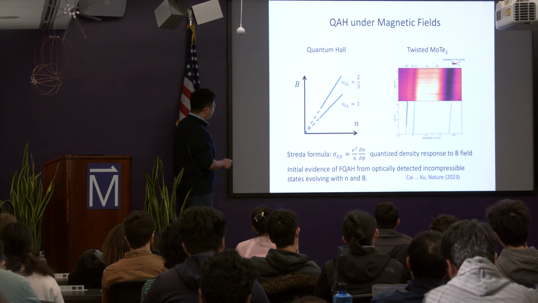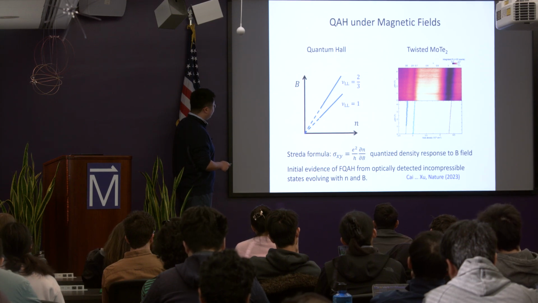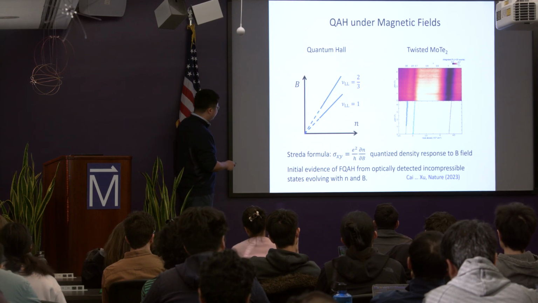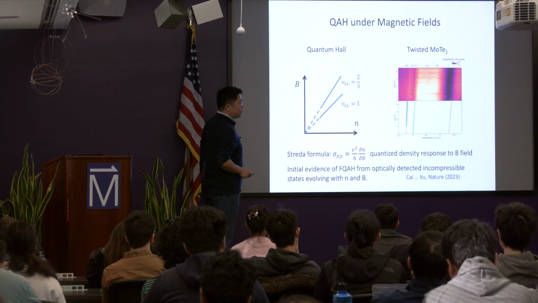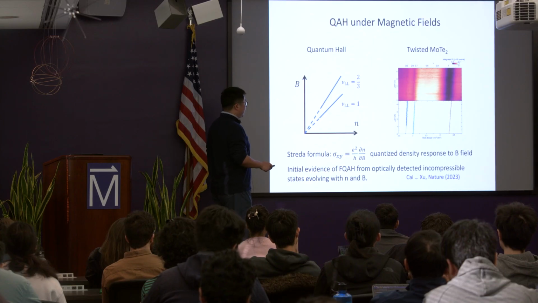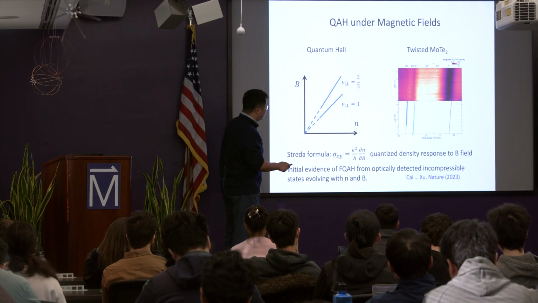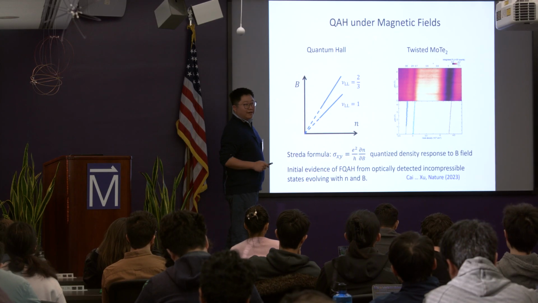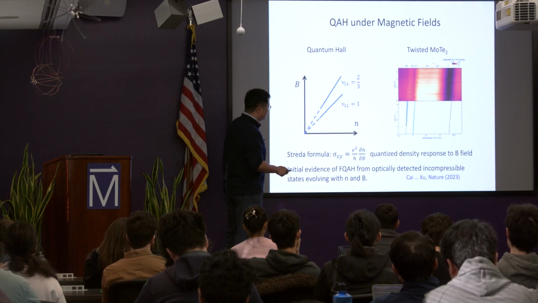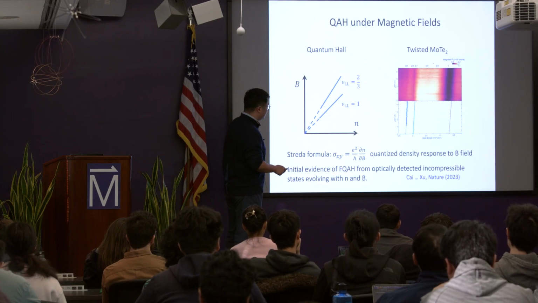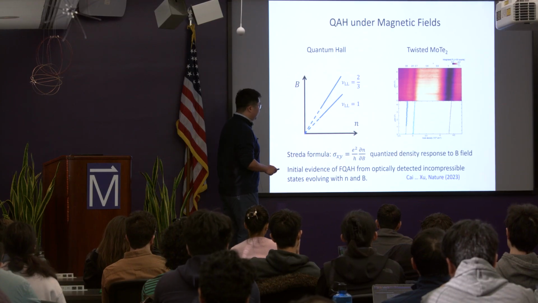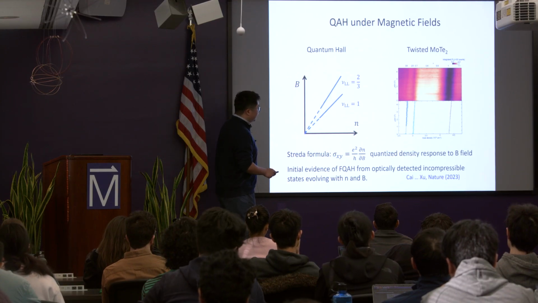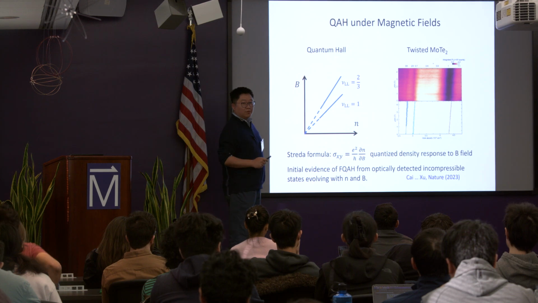And these fractional quantum Hall states only appear when the magnetic field is sufficiently large. So that's why the onset is at some finite field. On the other hand, in twisted MoTe2, there's no such requirement even at zero external field. There's an emergent magnetic field that drives the system into these quantum Hall and fractional quantum Hall states. But then if you further apply a magnetic field, you find that the density at which it occurs will shift.